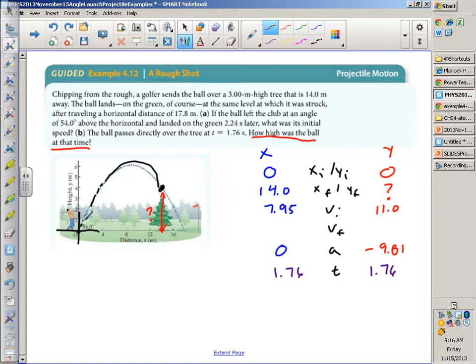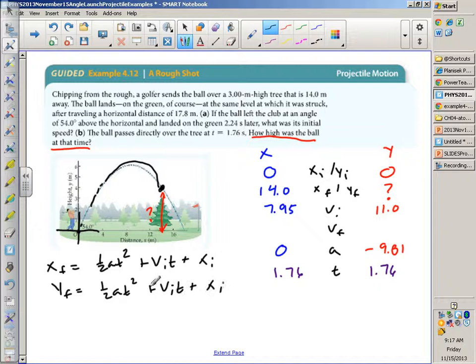Going back to the equations, right? On the left-hand side, is there anything that we don't know yet that showed up in that original equation that we've been using? We know everything that's in this equation, right? 1/2 at squared plus vit plus x initial. There's nothing in that equation we don't know. But we're not worried about that side, we're worried about this side, the vertical side. And right now, in that equation, we said there were 5 things, and if you look at our chart, we know 4 of them.